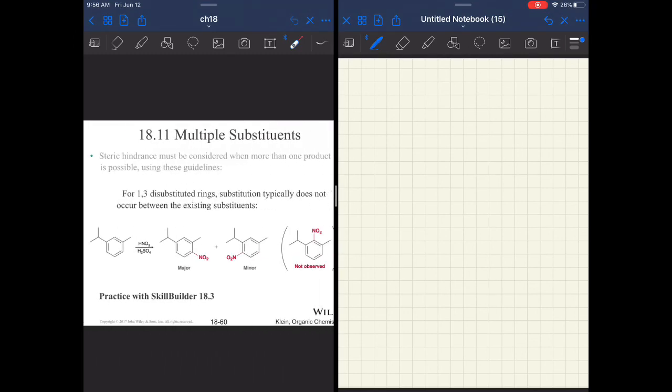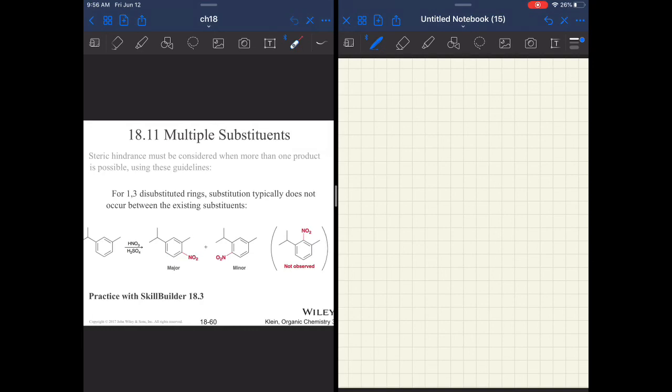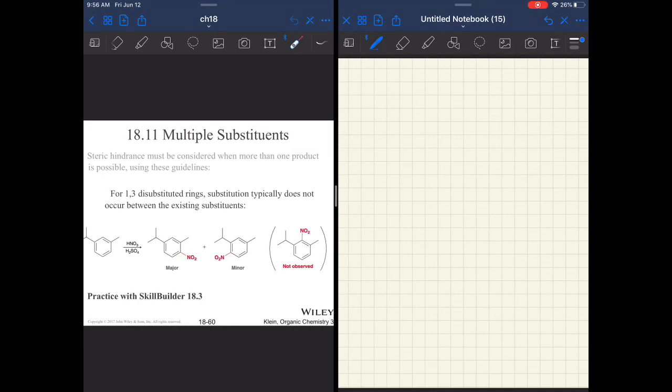Okay, now this is very similar. This is the same kind of idea. Both of these are OP directors. They're both R groups, and so they fall kind of in the same line of weak activators. And so if you think about the ortho, and they're directing to the same places here, and here.